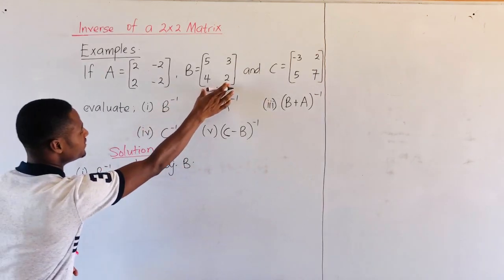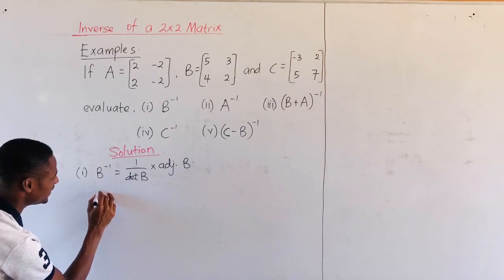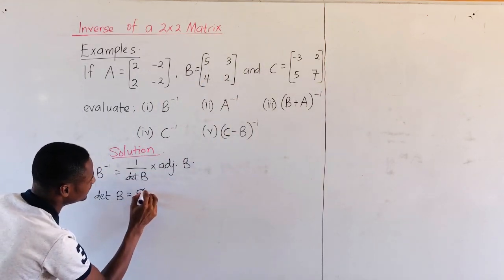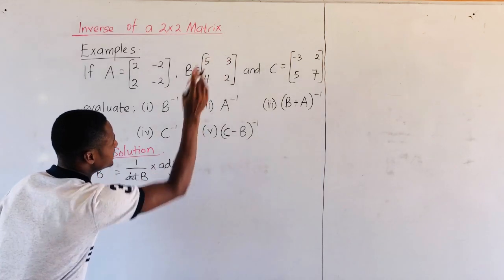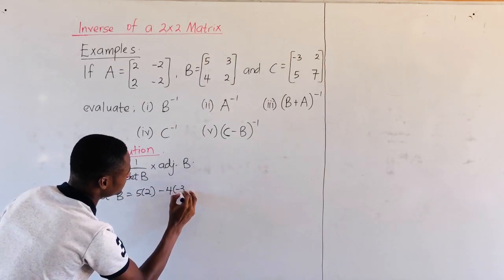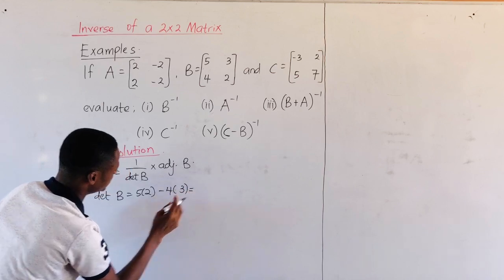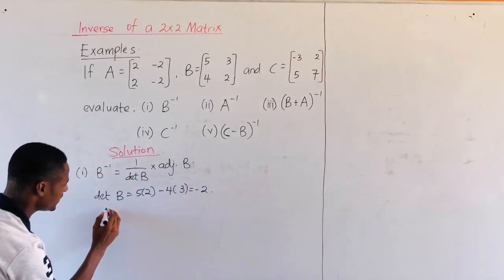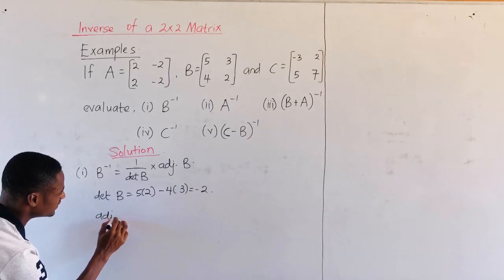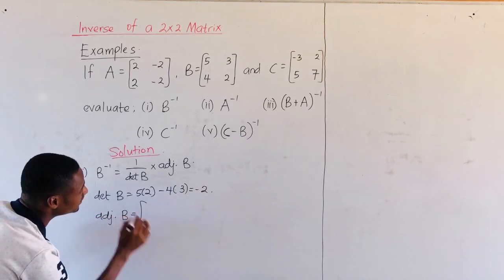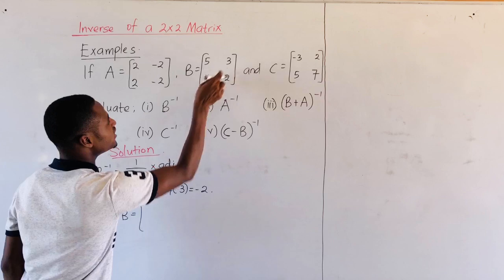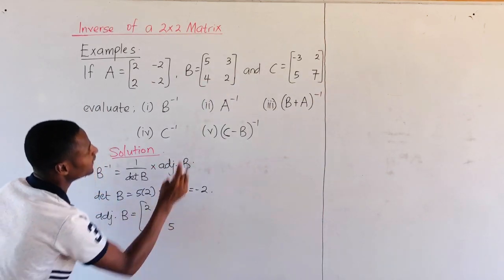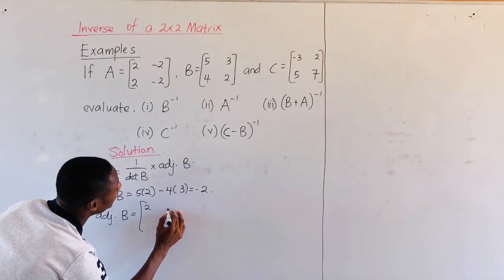Now for the matrix B, our determinant is the leading diagonal, 5 times 2, minus the minor diagonal, 4 times 3. This gives us 10 minus 12, which is negative 2. Then the adjoint of matrix B: we interchange the values of the major diagonal and negate the values of the minor diagonal.